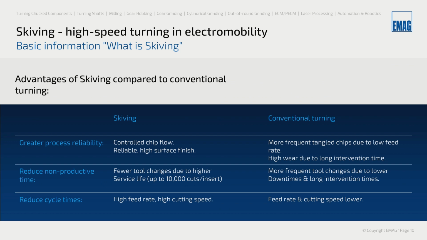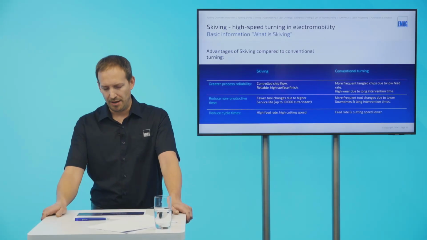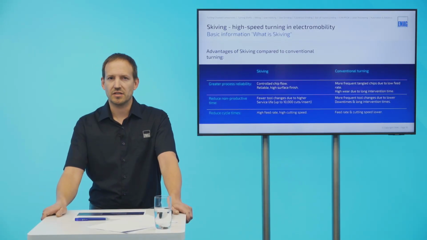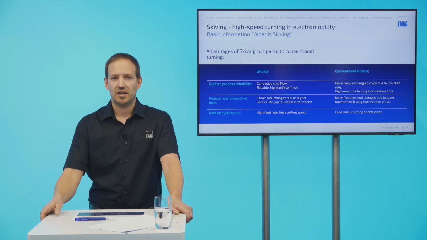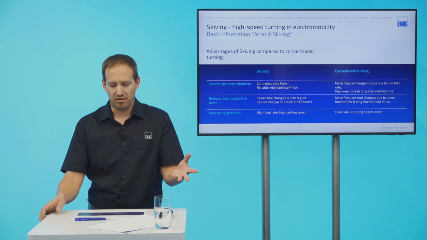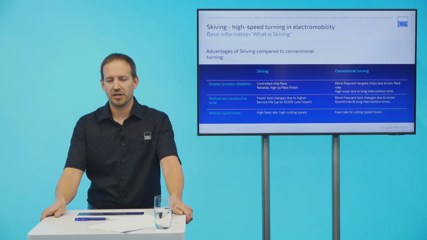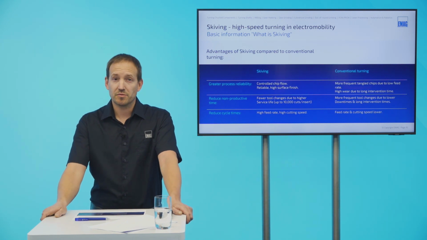So, what are the advantages of the skiving process compared to conventional turning? We have greater process reliability. If we look at the hard process, the chips are absolutely no problem because they get very hot, so they burn up and get brittle, and so we have no problems with the chips.